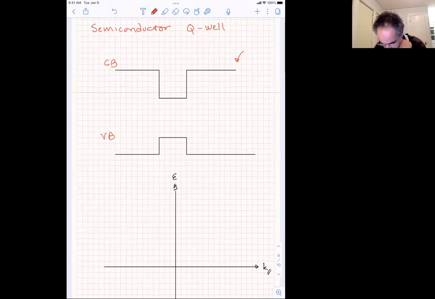And on top of that, we've grown a thin layer of a smaller bandgap semiconductor before we went back to the larger bandgap semiconductor. And in this way, we've made a confining potential for electrons for a quantum well.